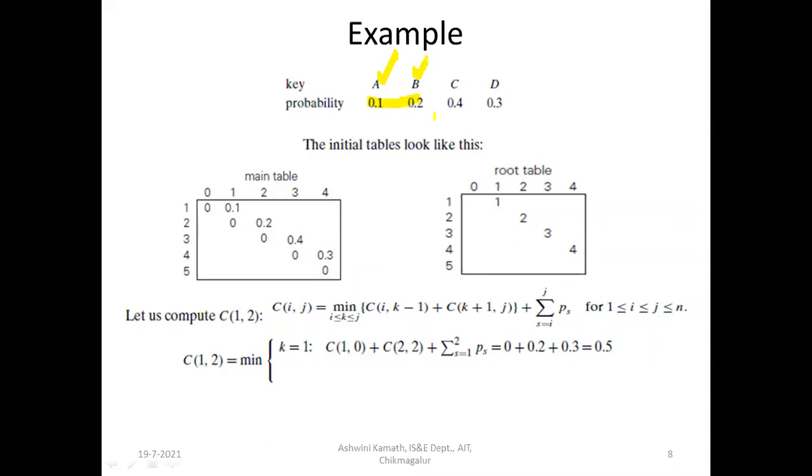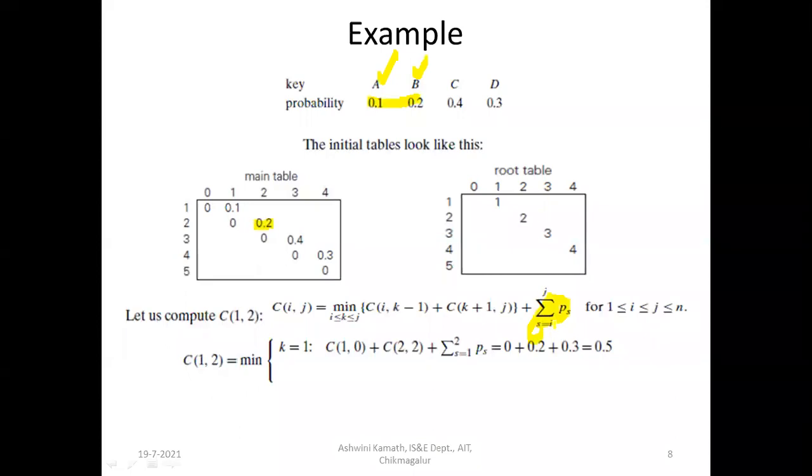Add these two and we get 0.3. So 0.3 is the value for this.